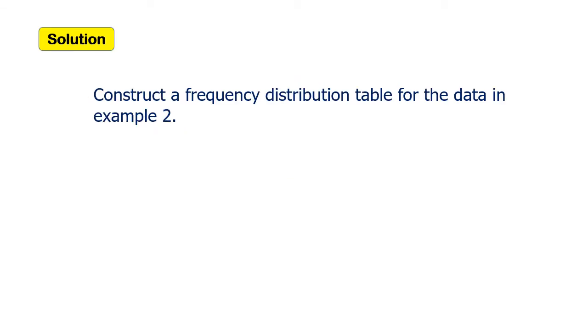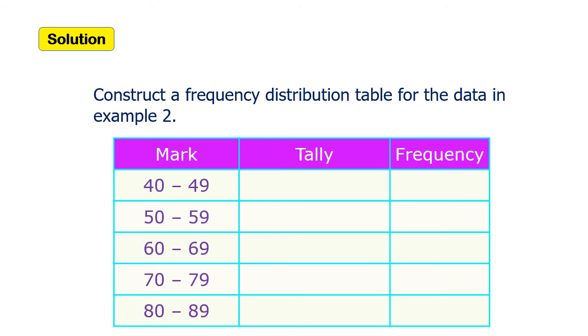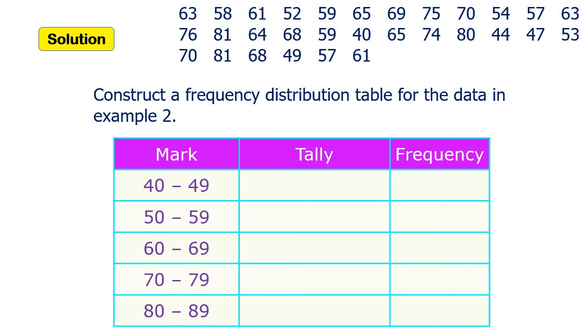So this is where we sketch the table. In order to fill out this table, we have to refer to the raw data here, right? So now we want to fill up the table, so we have to construct the tally first.